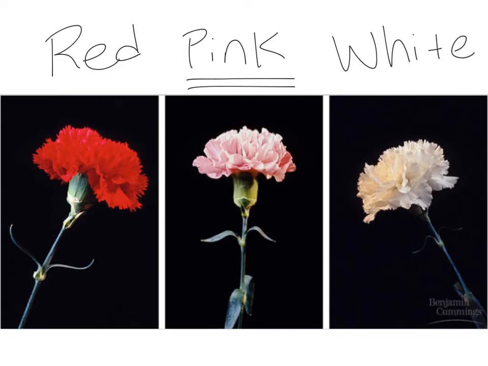So let's go ahead and look at the packet, and I'm going to do the first problem as an example. If we read through the very top, it says among certain flowers the allele for red flowers is dominant to the allele for white. So we still have red being dominant, but we're going to use a different notation.